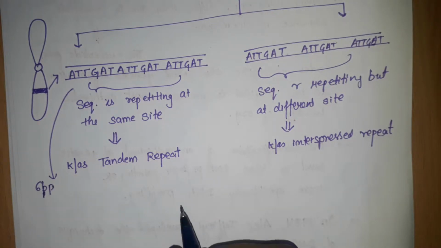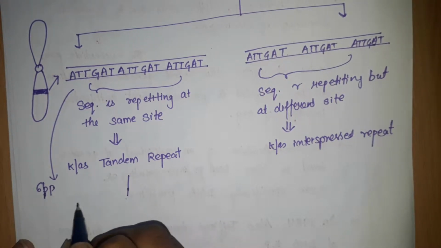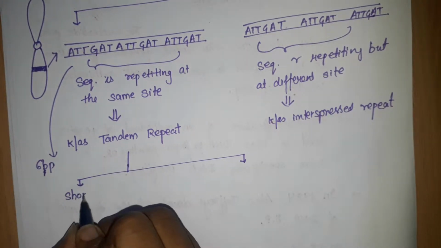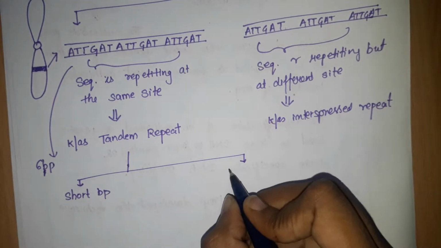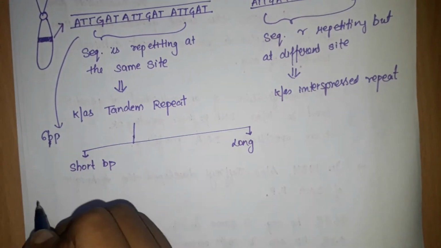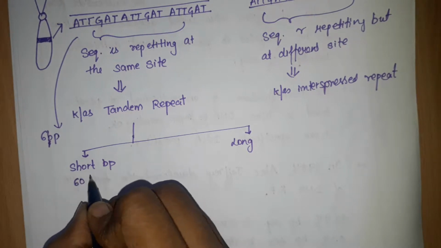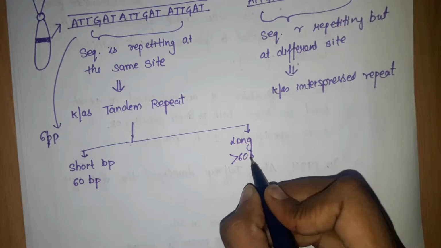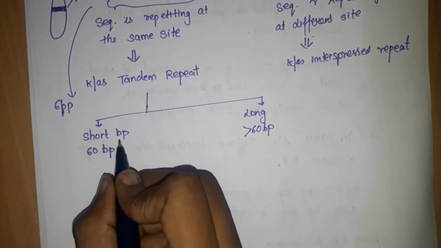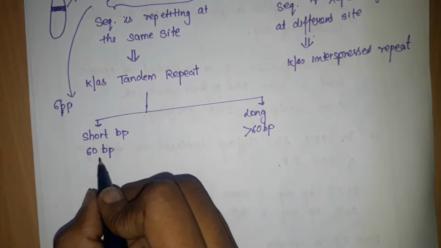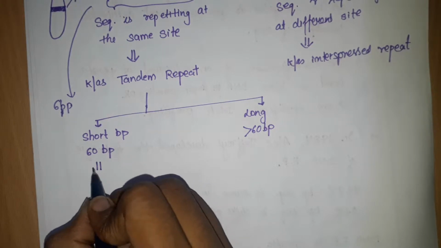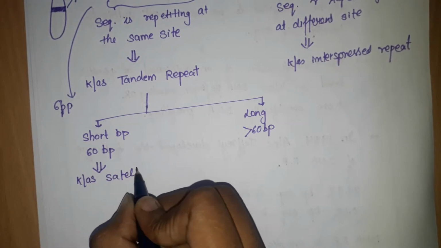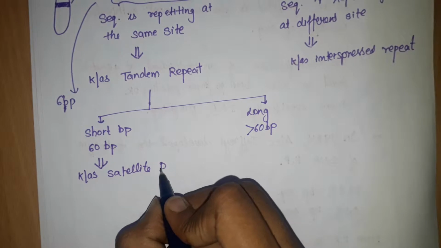On the basis of this, the tandem repeat is again classified into two types: short or long. In short, up to 60 base pairs are there. In long, more than 60 base pairs are present. And this short one, which has up to 60 base pairs, is known as satellite DNA.